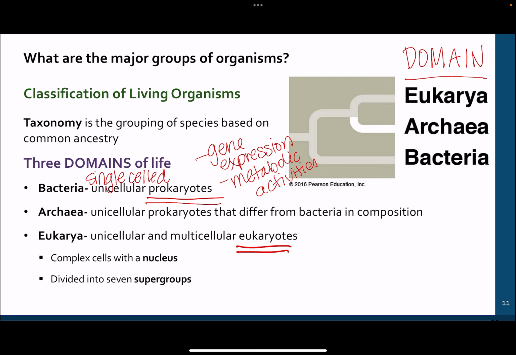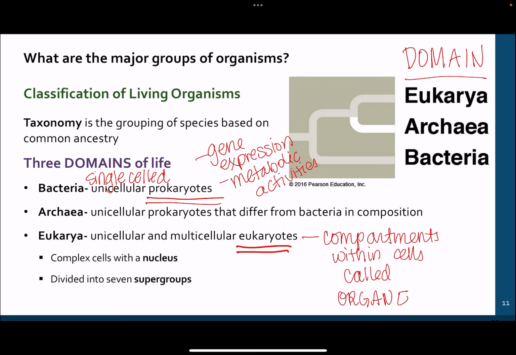Eukaryotic cells are different from prokaryotic cells in that they contain compartments within their cells called organelles. The word organelles means little organ.